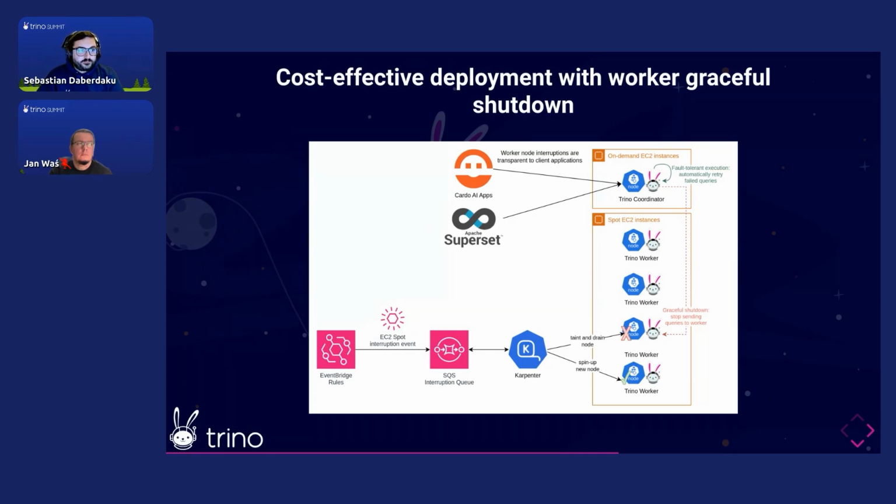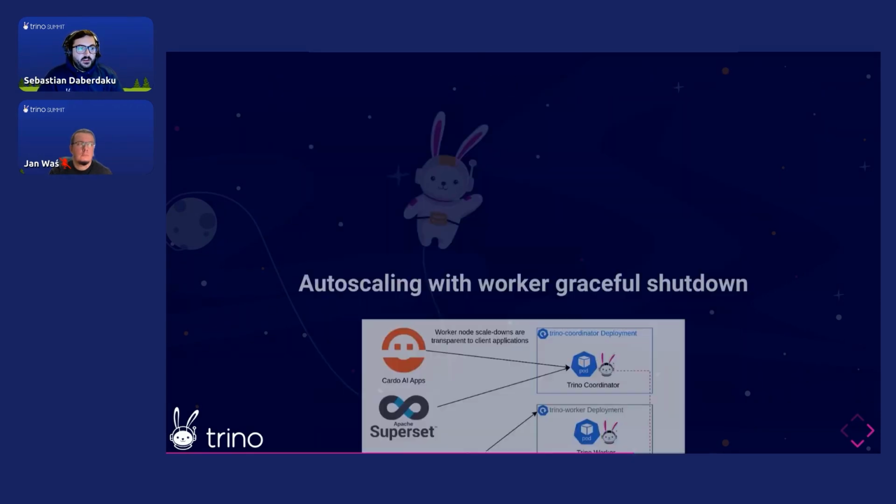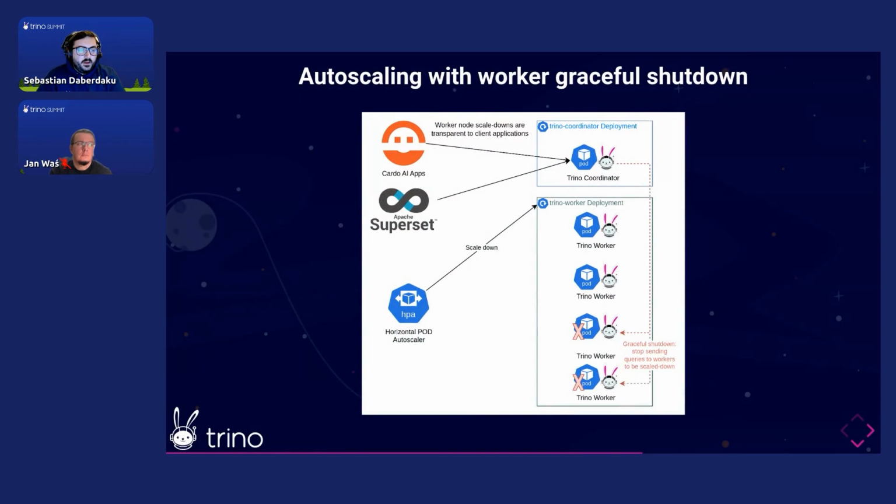Okay, so that's it. Another, I believe, interesting application is when we want to scale down workers. So imagine we have a horizontal pod autoscaler, and here again the graceful shutdown mechanism will be used so that the coordinator will stop sending queries and work to workers that are about to be scaled down.